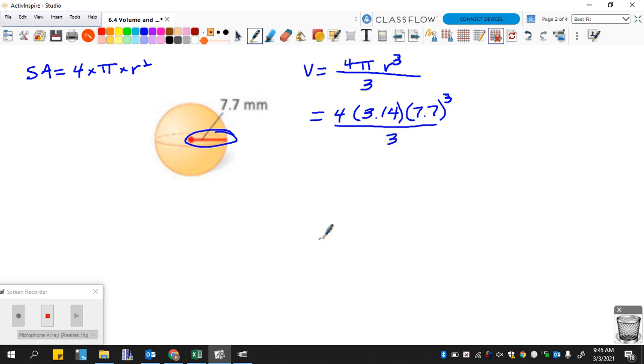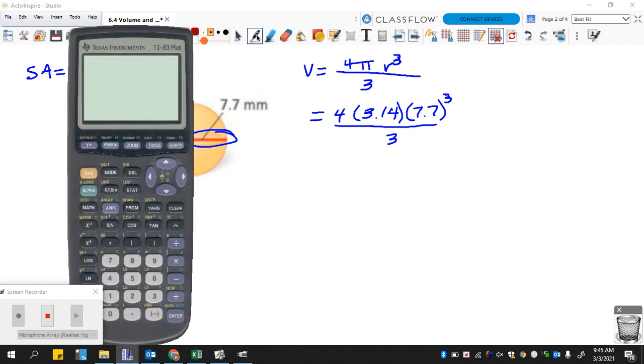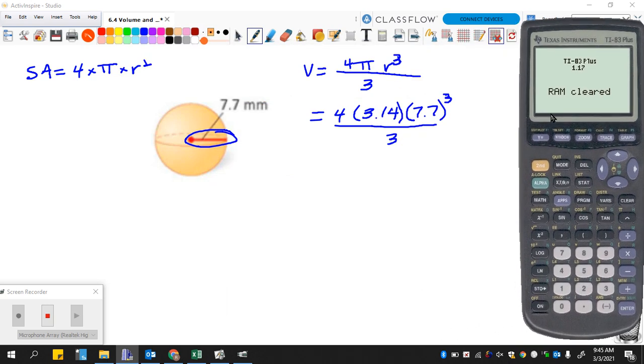If we pull up our calculators, okay, use your graphing calculator, and I'm going to move it over here. Okay, so we're going to say 4 times 3.14 times 7.7.